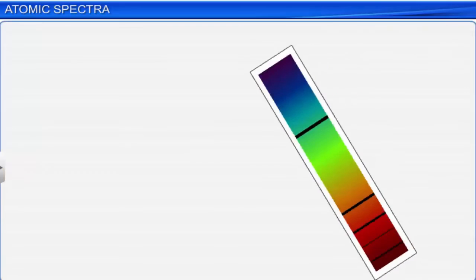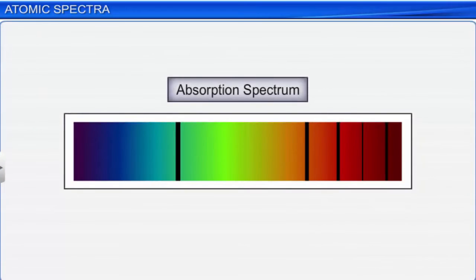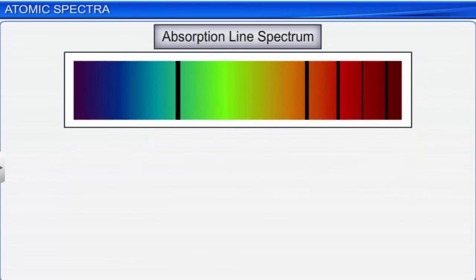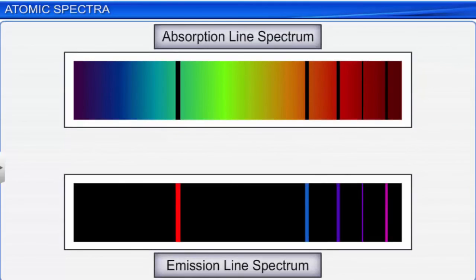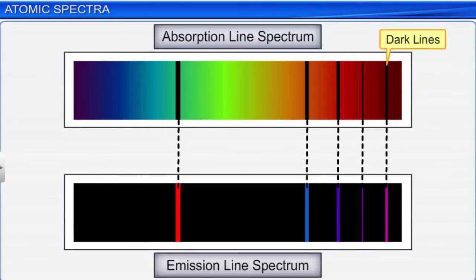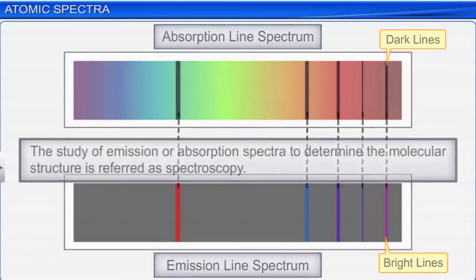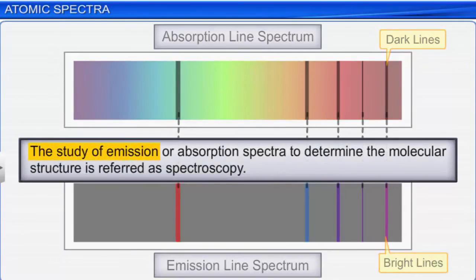The missing wavelengths that correspond to the radiation absorbed by the matter leave dark spaces in the bright continuous spectrum. Unlike emission spectrum, absorption spectrum consists of a series of dark lines in the bright continuous spectrum. This study of emission or absorption spectrum to determine the molecular structure is referred to as spectroscopy.